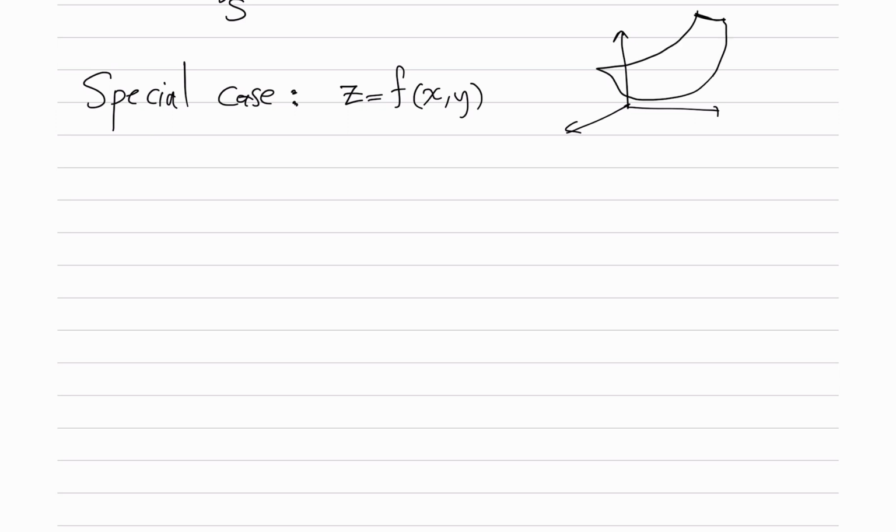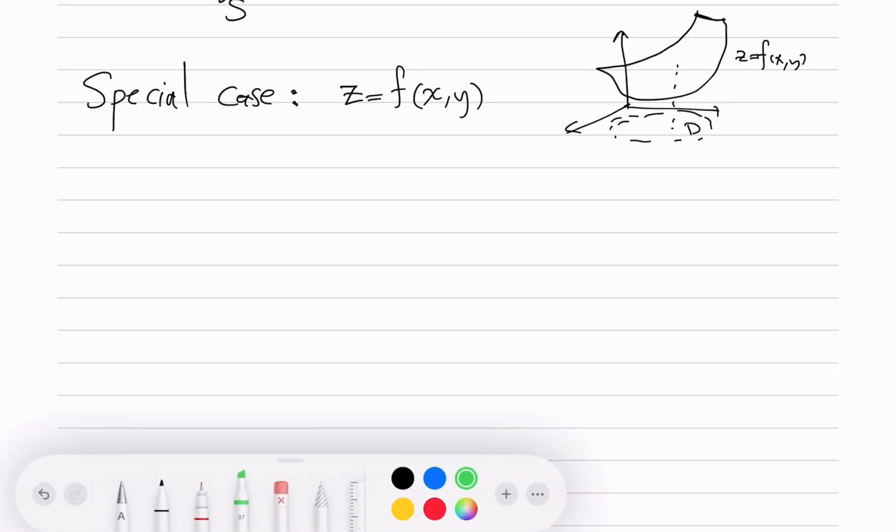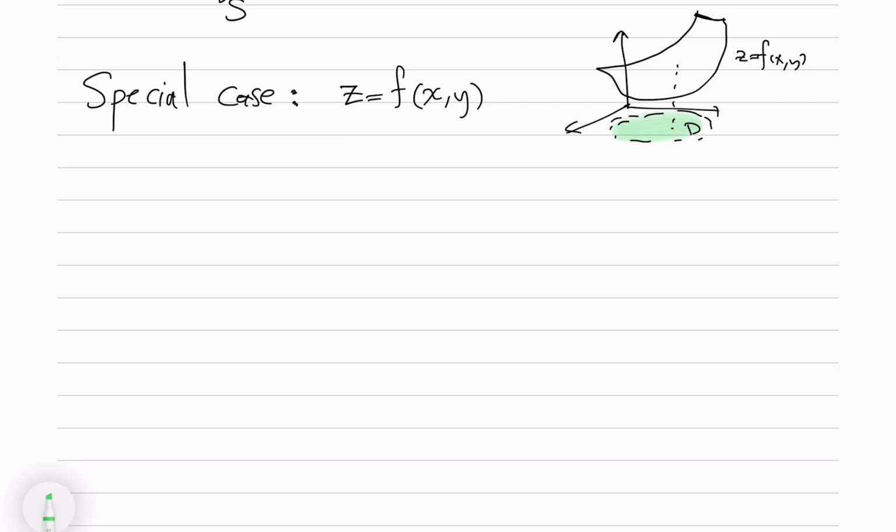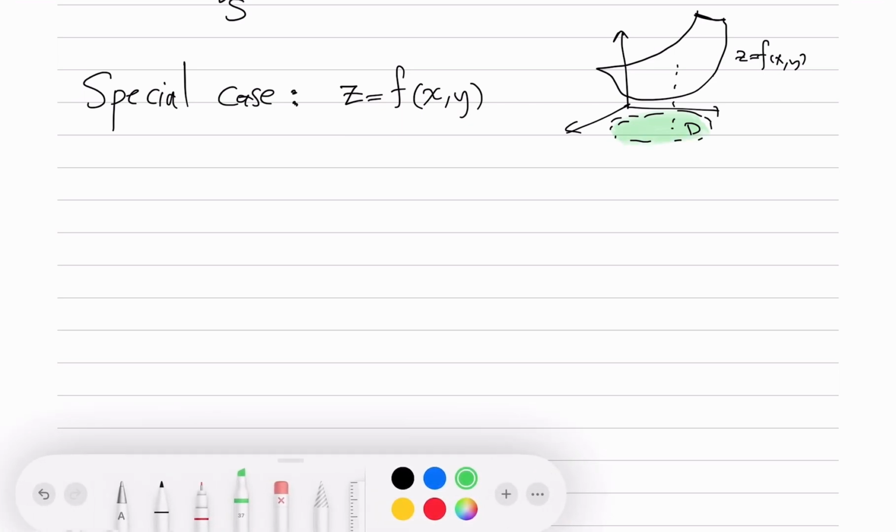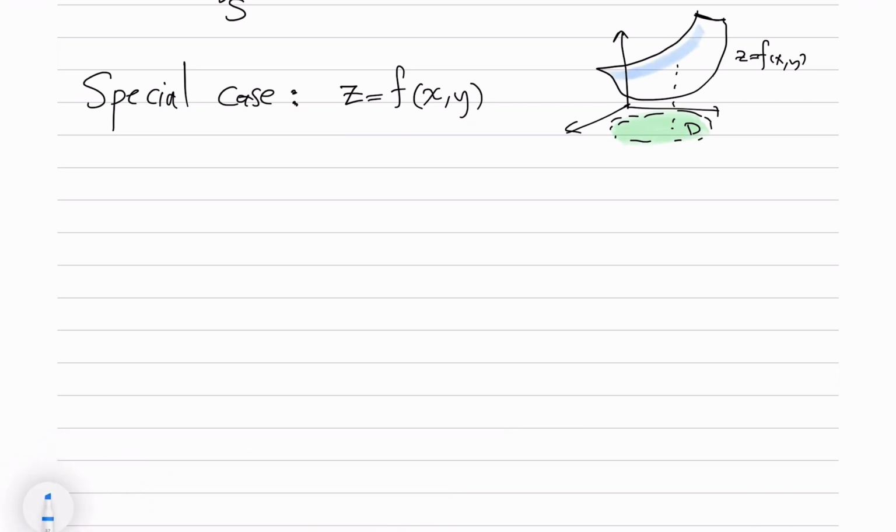So here is z equals f of x, y graph, and we look at the projection, the shadow. If I follow my convention with my coloring, the shadow is the parameterization region, and this thing up here is the actual surface we are interested in.